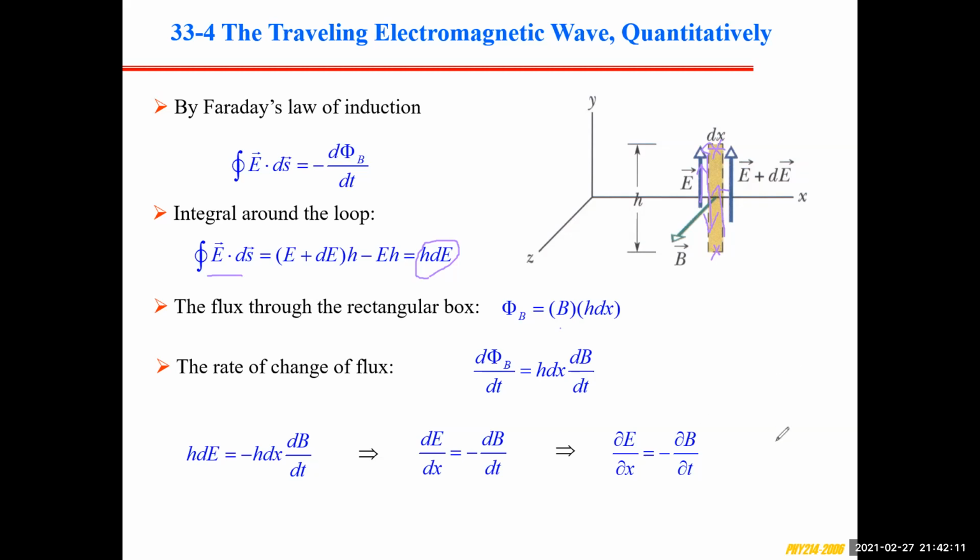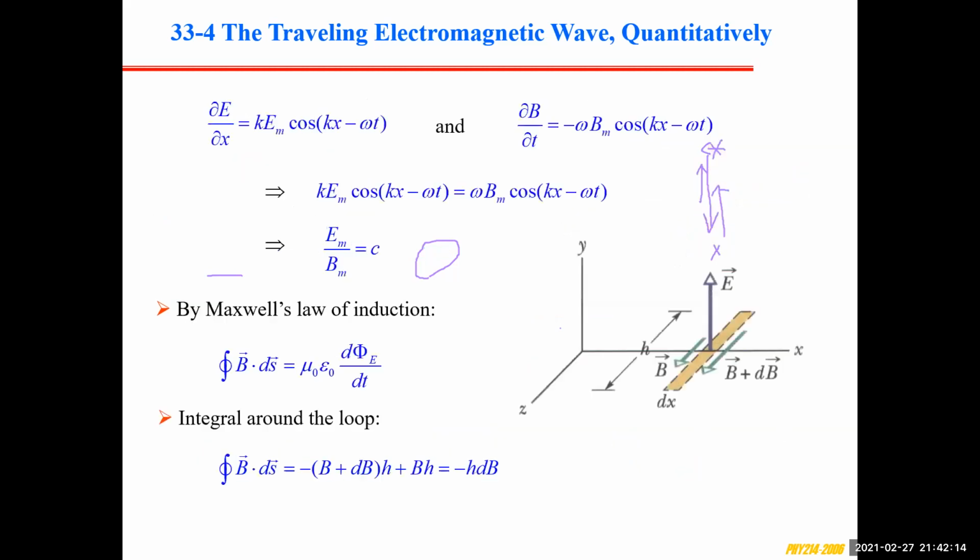And by the same token, we can apply that to the magnetic field. From Maxwell's equation, we know that the closed loop integral of B ds is equal to mu naught epsilon naught times dE over dt, the electric flux over dt.